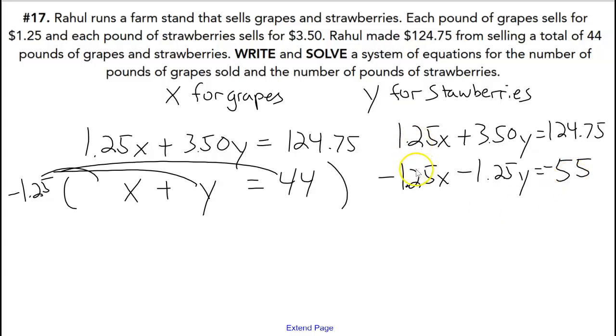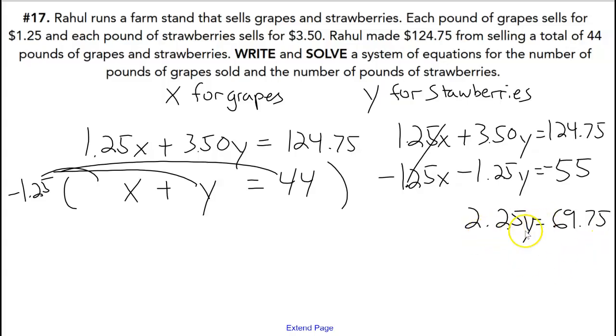Now I have the same number with opposite signs, so when I add, the x will eliminate. When I do that, I get 3.50 minus 1.25 is 2.25, and 124.75 minus 55 is 69.75.